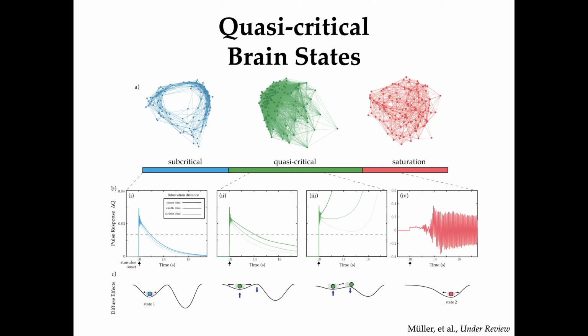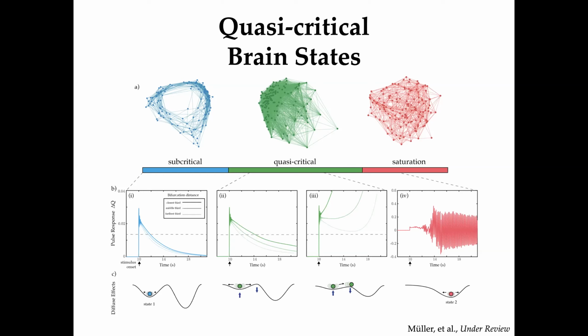One example, there's plenty more in the paper if you're interested, but one example that I think is really telling is that if you take these regions, the different nodes in each of these different regions, and you ping them with an identical input in each case, what you can find is that in the subcritical zone, regions essentially all come back to their baseline at the same rate, whereas in the quasi-critical zone, you actually start to see a separation where the regions that were further to the right in our original model, the closer to that bifurcation, the ones that had realized a higher temperature, were actually able to move into a completely different functional mode.